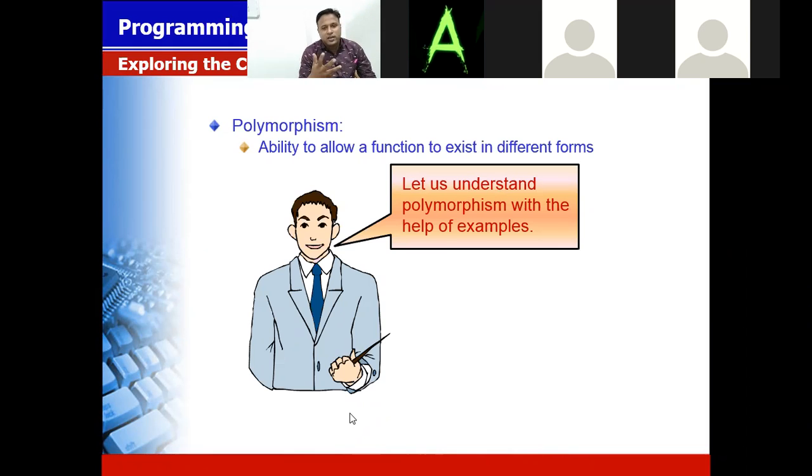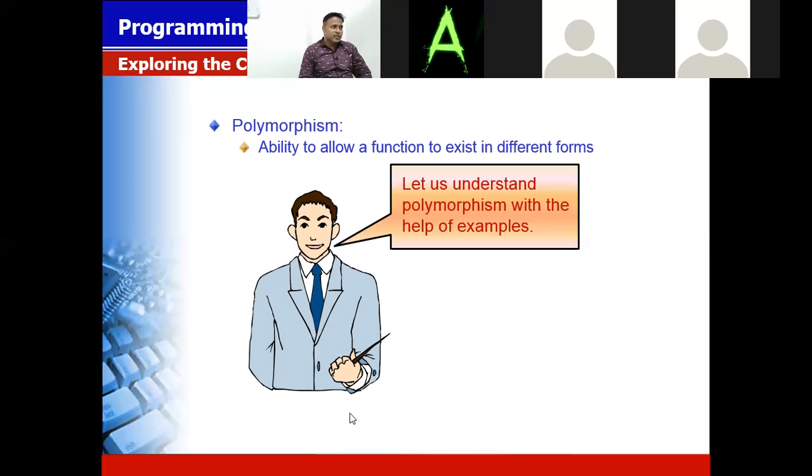So you are the same person, your name is X, and your role and relation have changed depending on the situation. In class, you are a student. When you go home, you are the son or daughter of somebody, sibling of somebody, but you are the same person. That is the ability of a function, the same function present in different forms. So that is called your polymorphism.